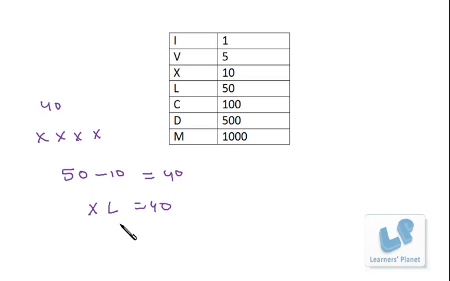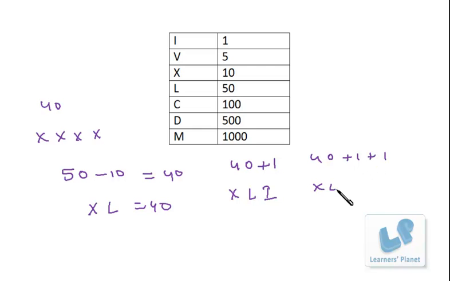Okay, now you can easily write down the entire series of 40 to 50. So suppose I wish to write 41, that is 40 plus 1. So what is 40? It's X, L, and 1 is I. Similarly 42, it's 40 plus 1 plus 1.